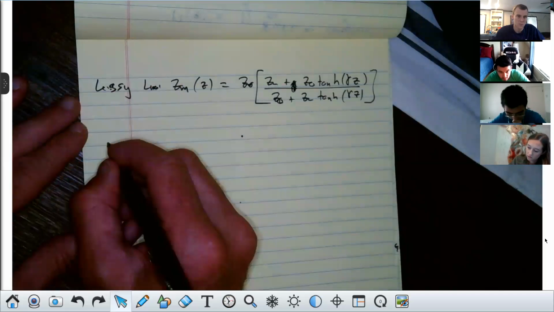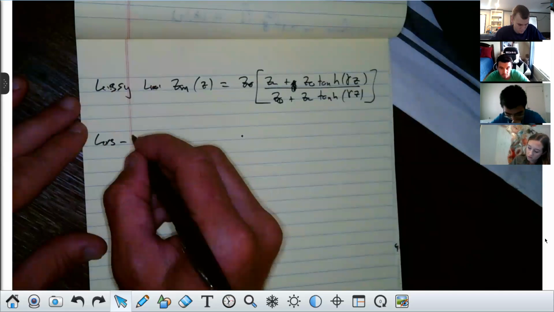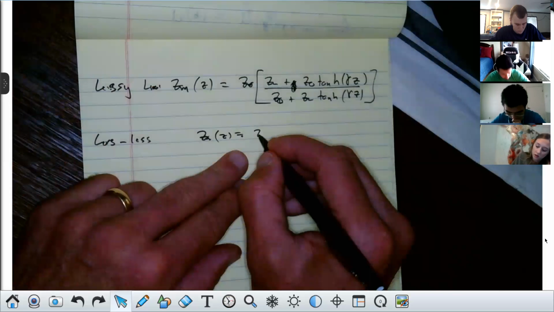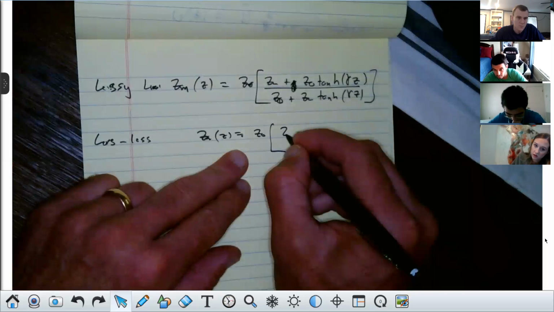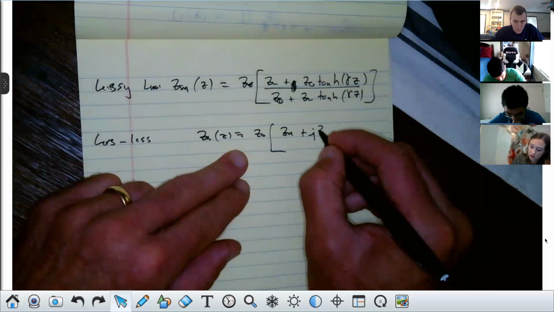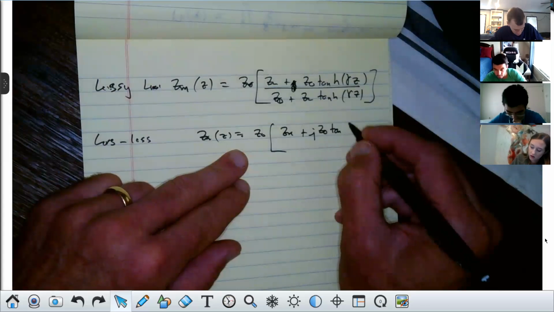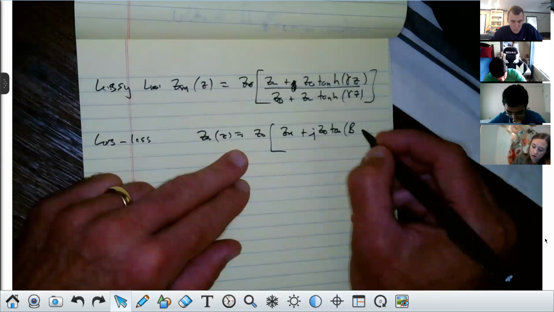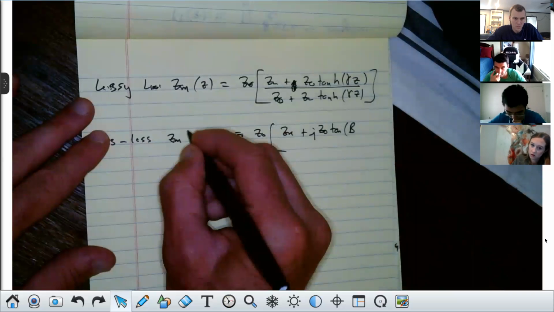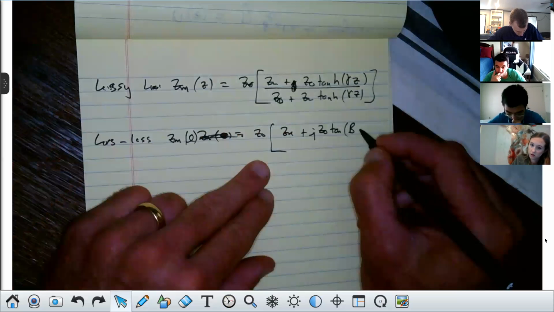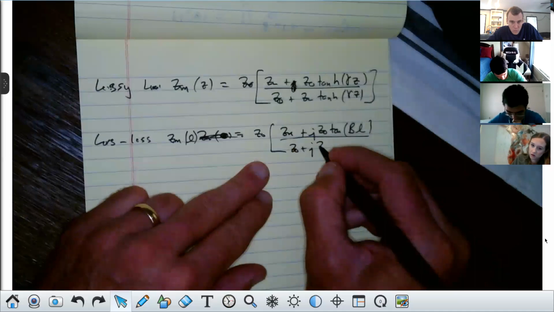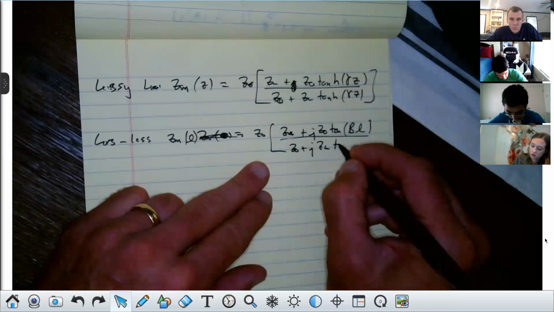But for lossless, then Zn as a function of Z is equal to Z naught times ZL plus j Z naught times tangent of beta L, over Z naught plus j ZL, this is the load, times tangent of beta L.